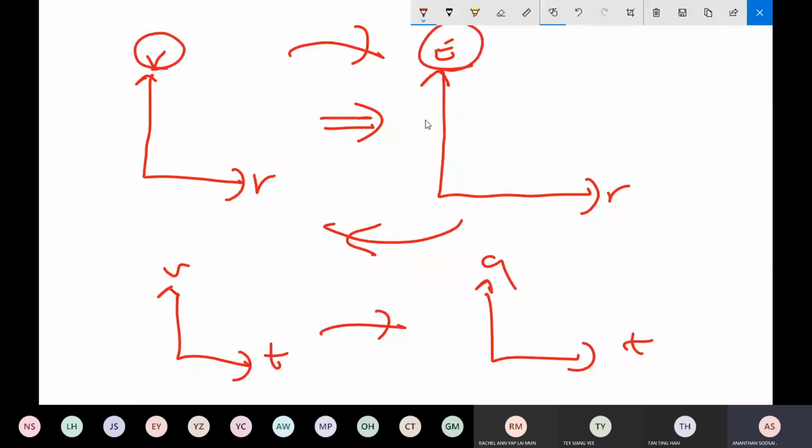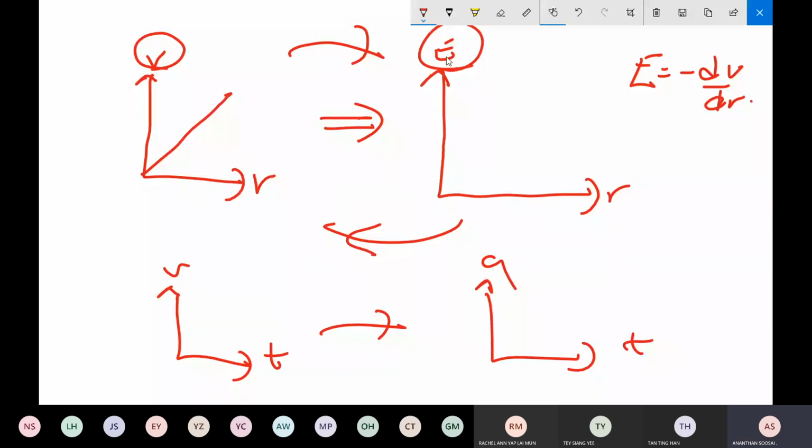So let's see here. How do you do this? What is the relation? E is the negative of the potential gradient. Let's say I give a V graph like this, a straight line.